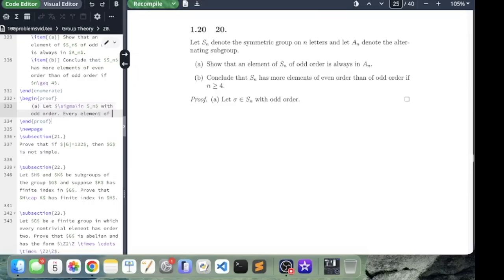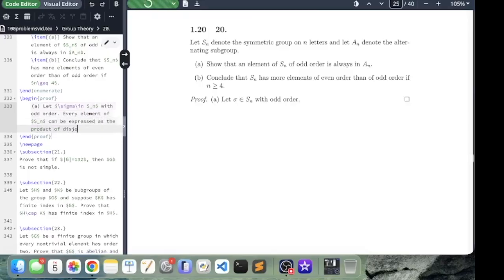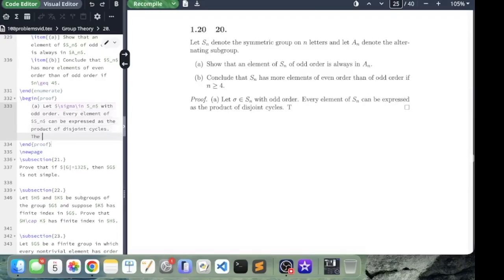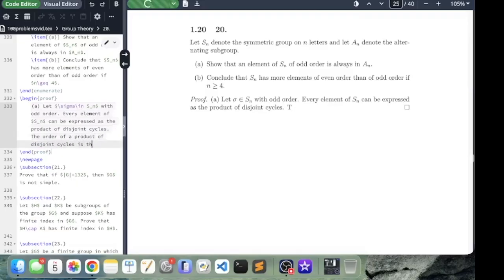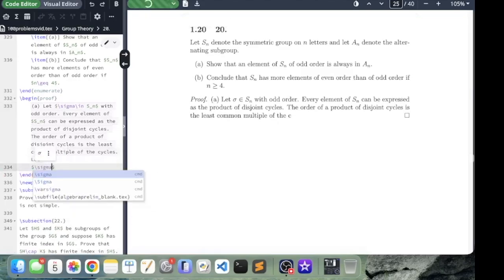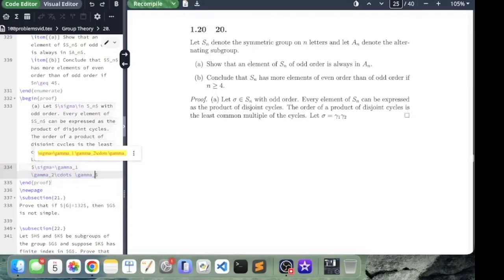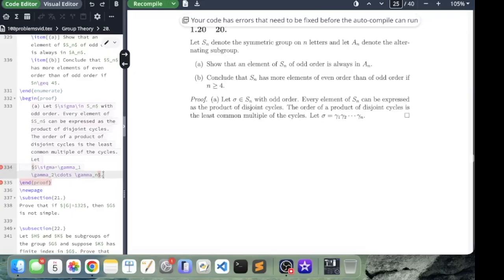Every element of Sn can be expressed as the product of disjoint cycles, and the order of a product of disjoint cycles is the least common multiple of the cycles. Let sigma equal, we'll say, gamma 1, gamma 2, dot dot dot, gamma n.